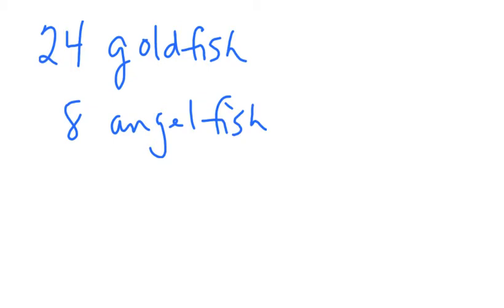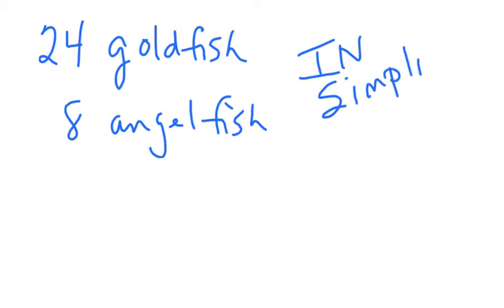Now, sometimes in the directions, when they want you to write ratios, they put these words, in simplest form. What does that mean? Well, that means reduce. So, here's the problem. In a 40-gallon aquarium, there are 24 goldfish and 8 angelfish. Write the ratio of goldfish to angelfish in simplest form.